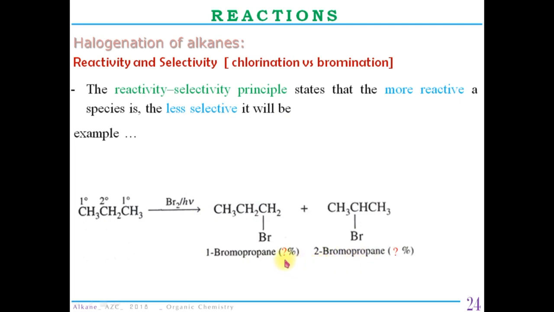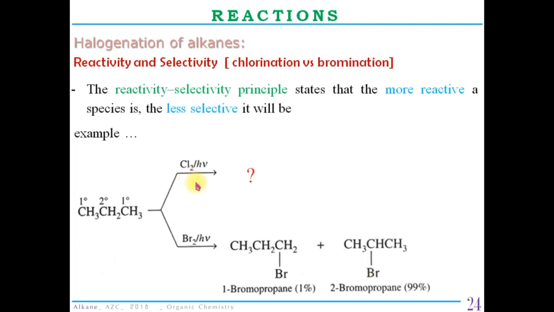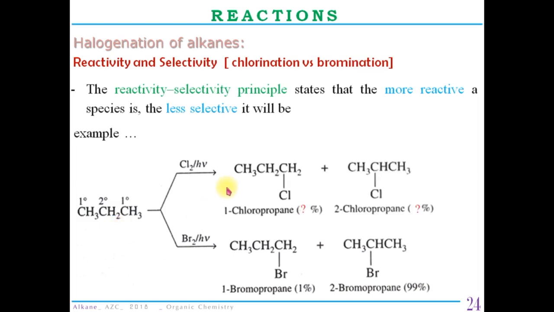Now if we see the relative percentage of isomer formation, 1-bromopropane forms only 1%, while 2-bromopropane is formed predominantly, that is 99%. We have the second type of halogenation, that is chlorination, with the same reactant, that is propane. The structural isomers formed, the percentage is 1-chloropropane 45% and 2-chloropropane formed with 55%.